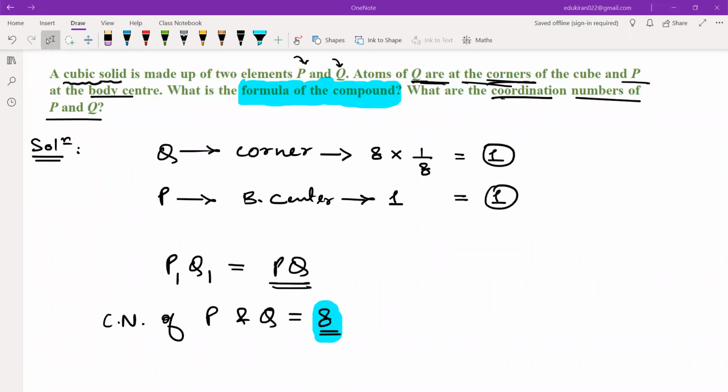Write this down fast, okay? Then we'll look at some other type of questions. All of you understood, right? Yes, sir.